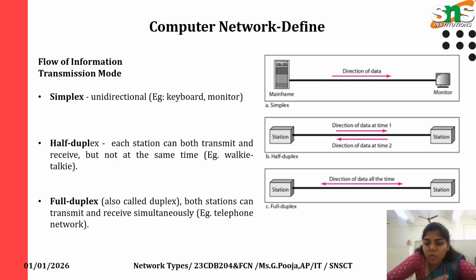When station 1 is sending, station 2 should act only as a receiver and should not send data. Say at 5 o'clock station 1 sends information, then at 10 o'clock station 2 sends information. It is also one direction at a time.